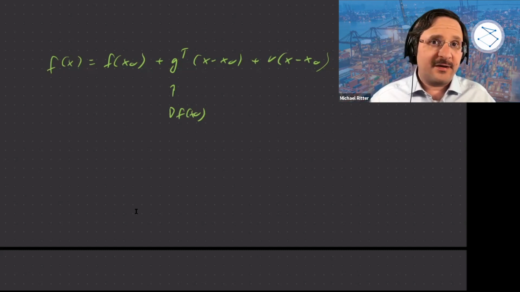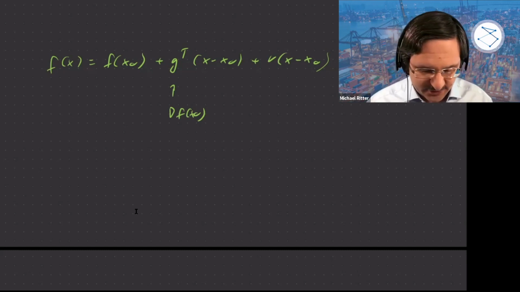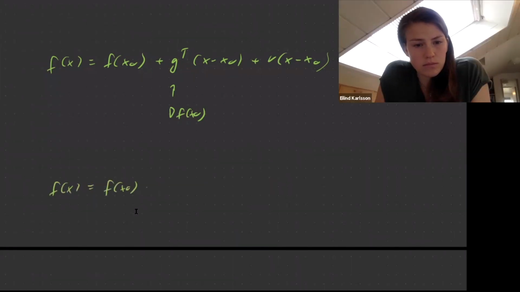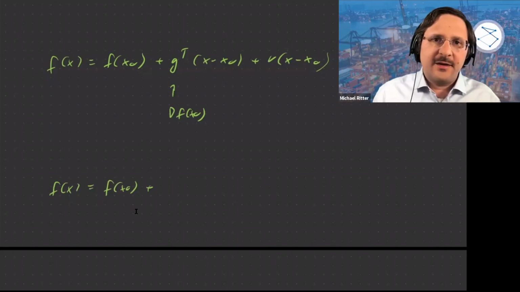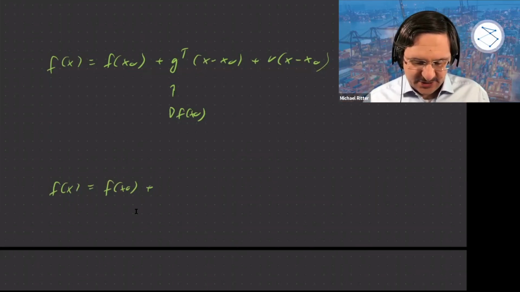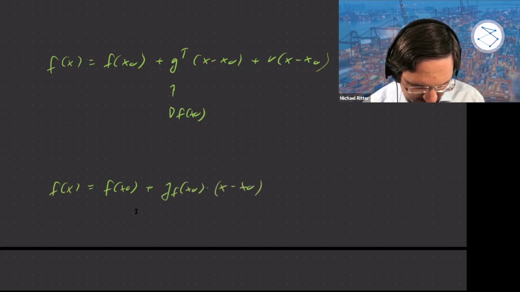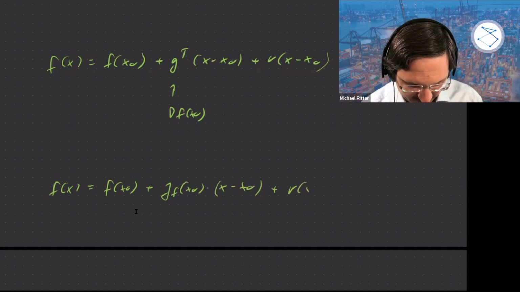And we did a similar thing with vector valued functions, where you basically changed that just a little by substituting that g transposed by the Jacobian at x0. And again, plus some remainder.